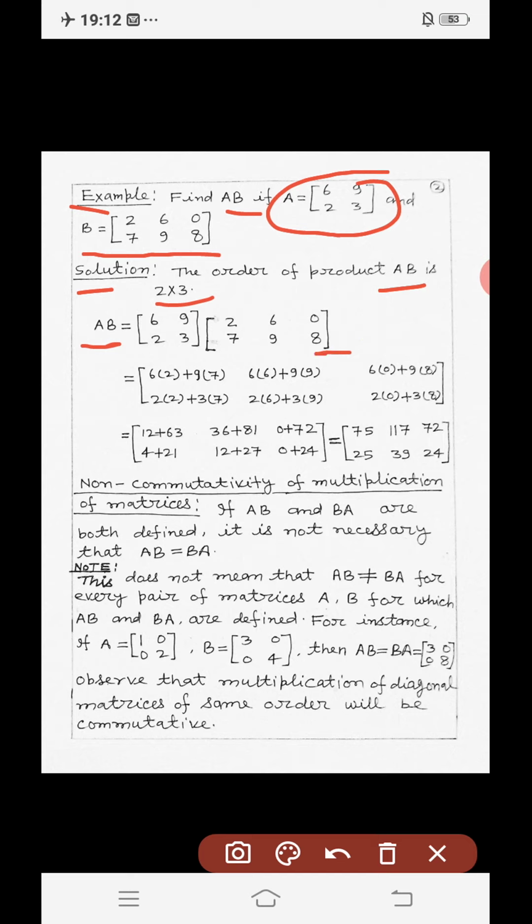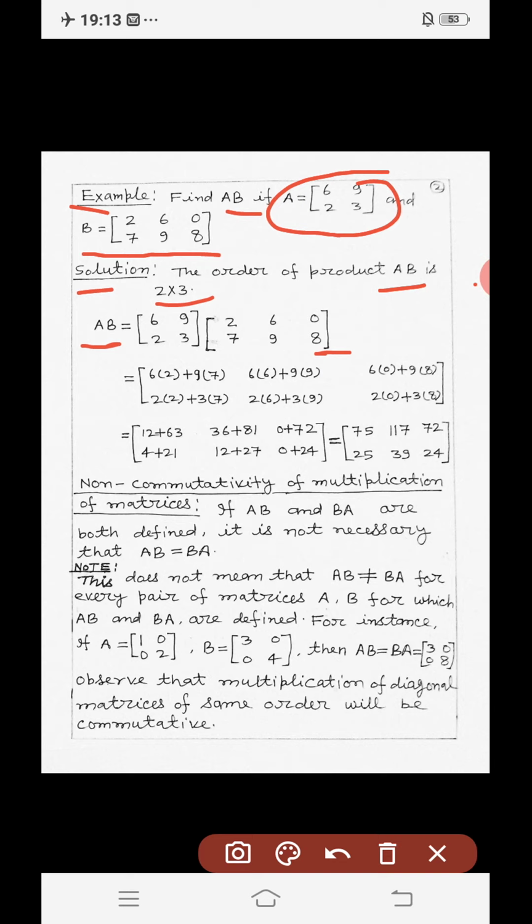Dear students, we know that the ikth element of the AB matrix is obtained by adding the products of the elements of the ith row of A by the corresponding elements of the kth column of matrix B. So we multiply the elements of the first row of matrix A with the corresponding elements of matrix B and then add them, and in this way we continue the process.